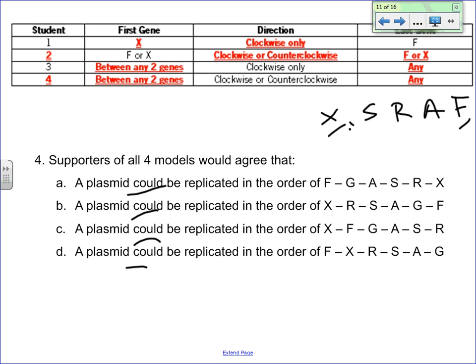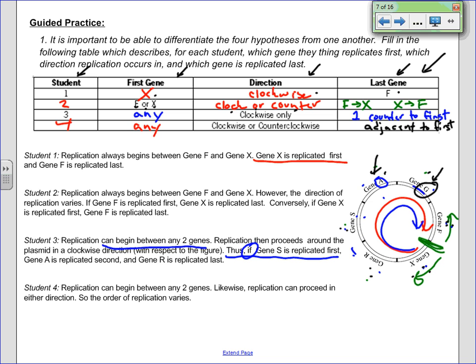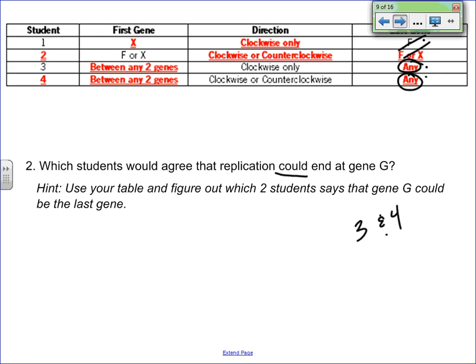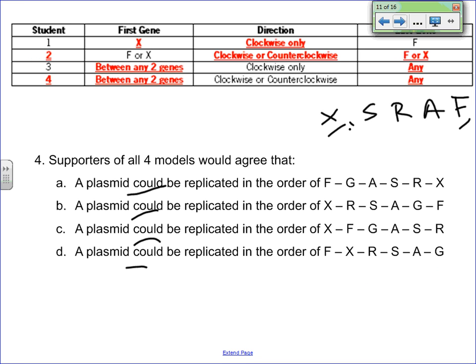It skips one. If you were to go back, we go X, R, A, S, F would be totally out of order. So you just got to be careful because that question or something close to that was actually on the ACT.